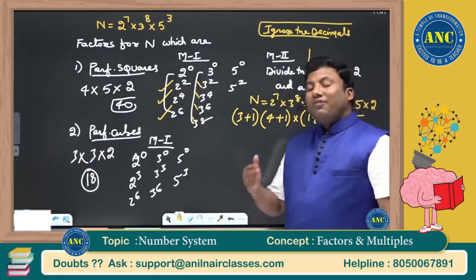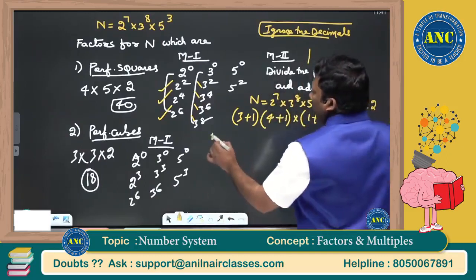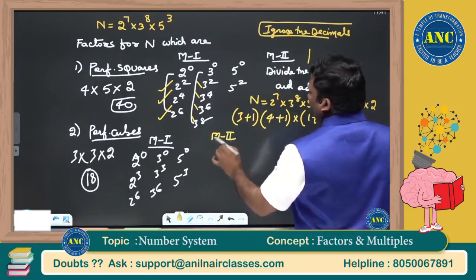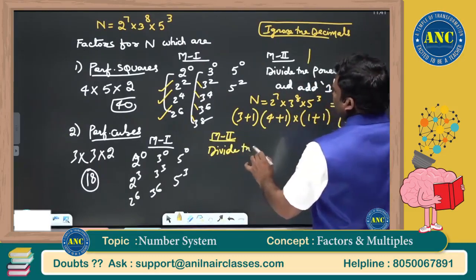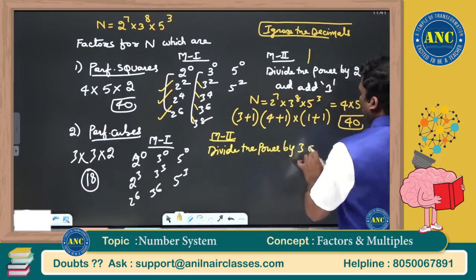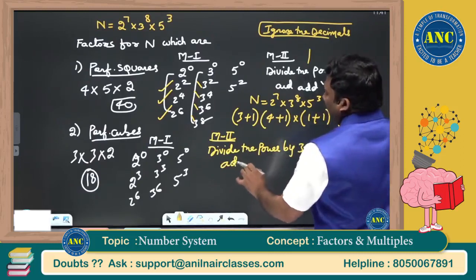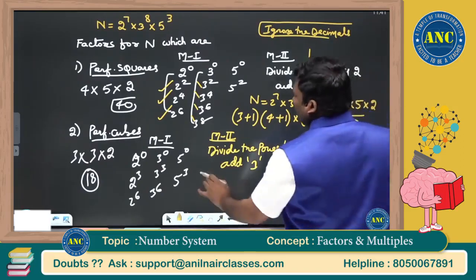Same approach. For a perfect square, power is an even number, so it should be divisible by 2. If it is a perfect cube, divide the power by 3 and add 1. Why? Because perfect cube means power should be divisible by 3. So what is the question?